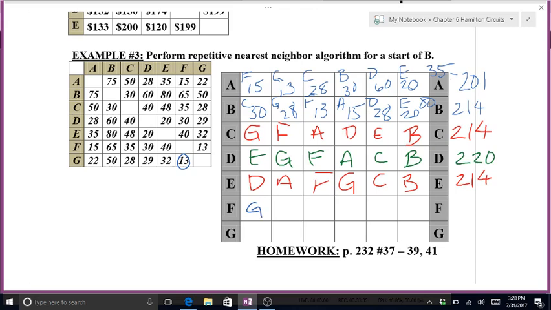F goes to G. G goes to A. A goes to D. D goes to E. We've got to go to B or C. So from E, we're going to C, it looks like. And then from C to B. And from B to F.